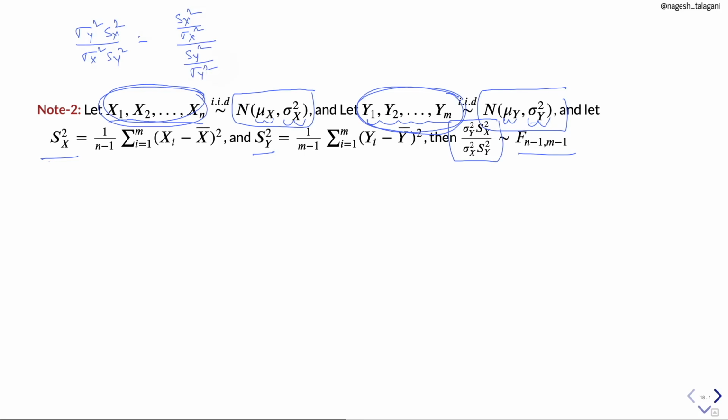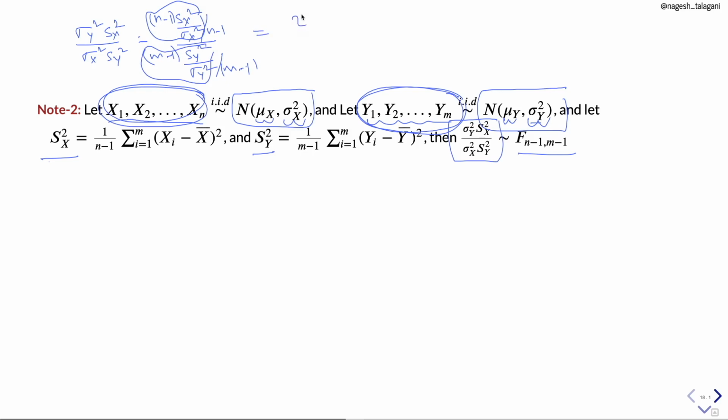Okay, now here let me multiply and divide by n minus 1 in the numerator. Let me multiply and divide by m minus 1 in the denominator. Now this part follows the chi-square distribution with n minus 1 degrees of freedom. This part will follow the chi-square distribution with m minus 1 degrees of freedom.